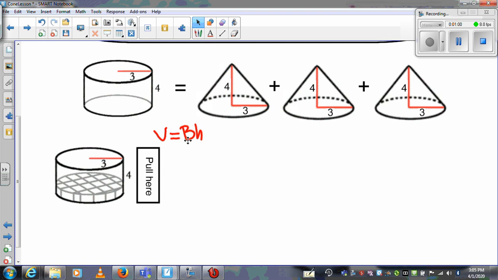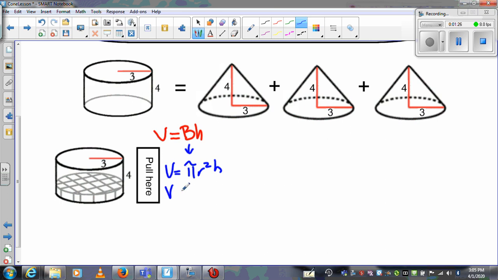Now that's this big B right here. So if I want to know the volume of just this one layer, I'm going to do pi r squared, because that's how you find the area of a circle. Then you multiply it by how many layers we have. I have a height of 4, so that means I have 4 layers. So I'm going to multiply that by 4, which is our height.